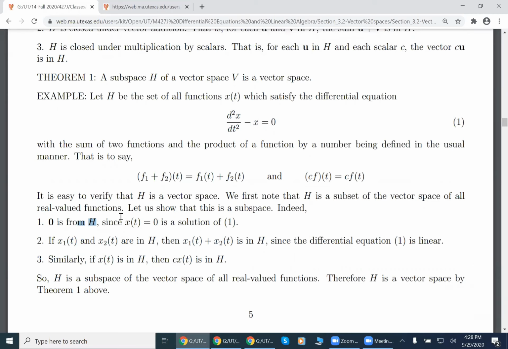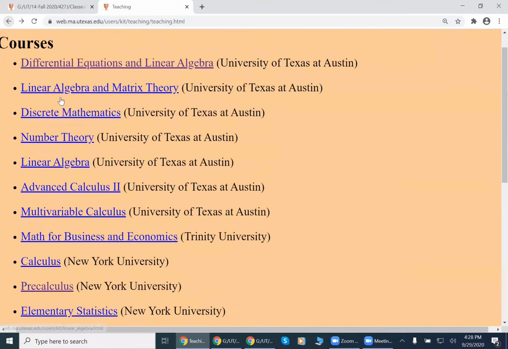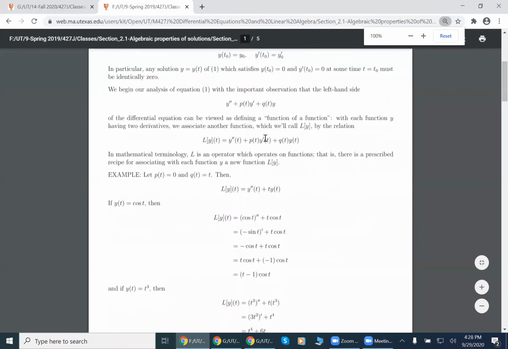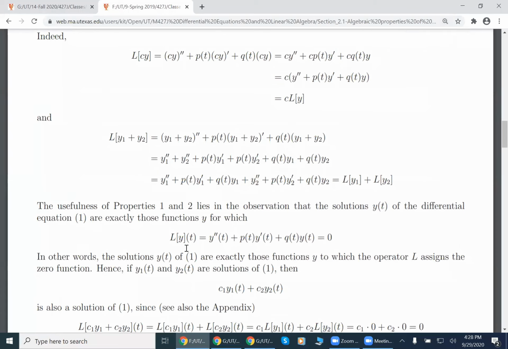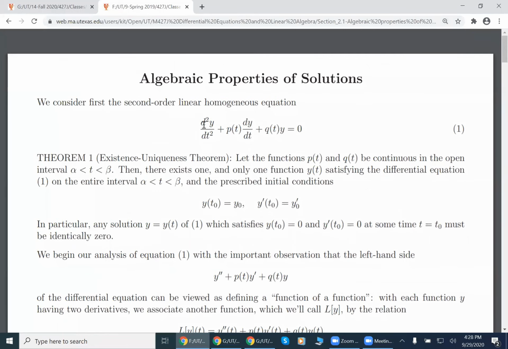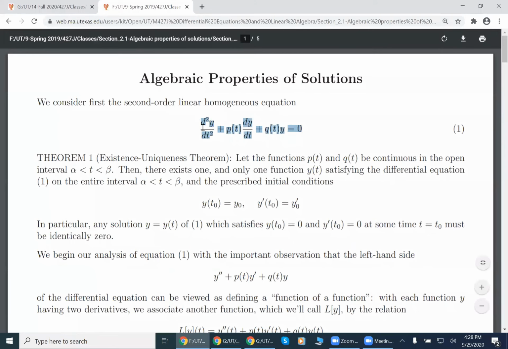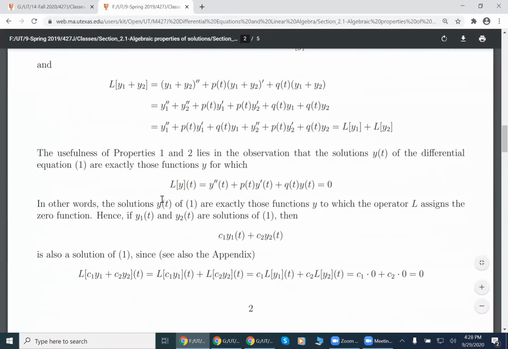Yes, because we know, and let us go back to section 2.1, over here we prove that if y1 and y2 are solutions of this, and observe that this is a particular case of this, then this is a solution again.